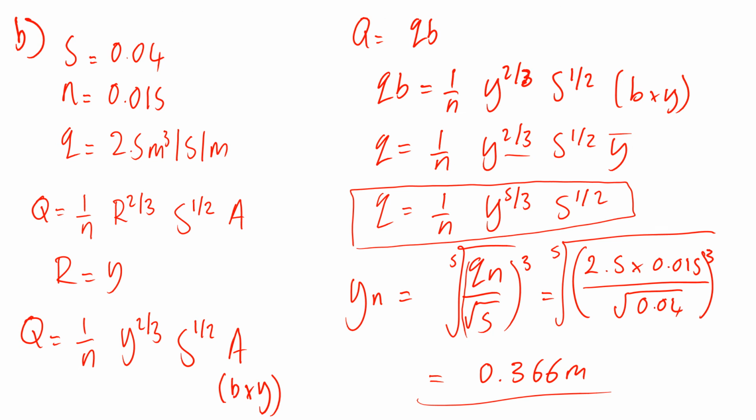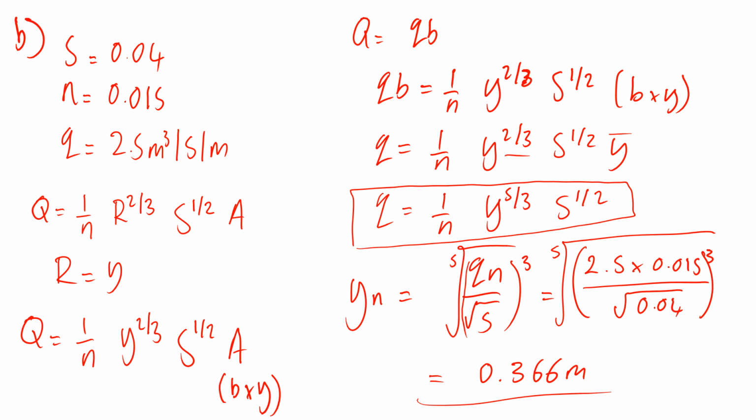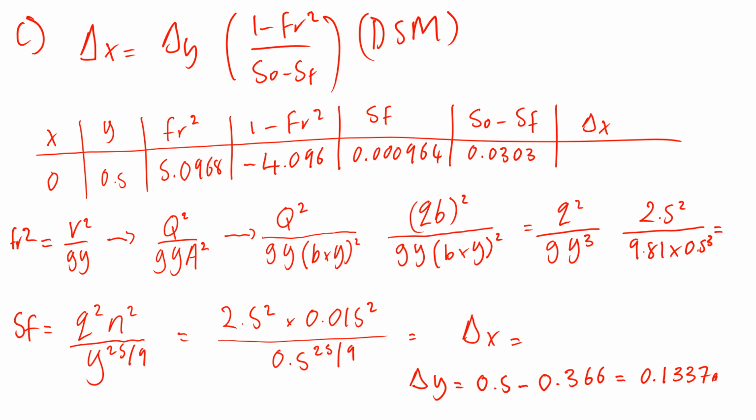So now you can calculate delta x. So delta y is 0.1337 times negative 4.096 over 0.0303.